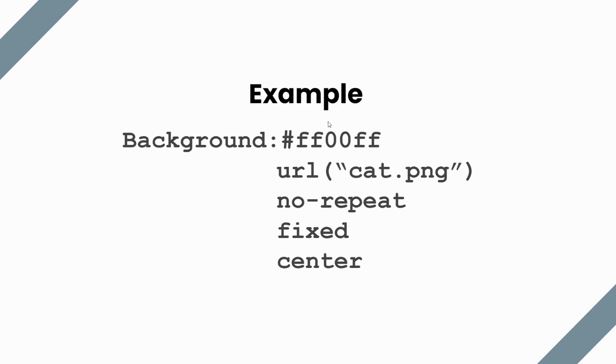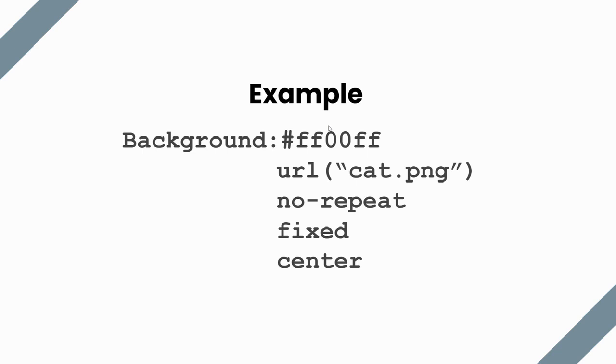Like I said before, the color comes first in this order, which is followed by the image, which is in the URL format with the name of the image and the extension name inside. Next, we have the repeat property. You can see that it's assigned the value no-repeat. This would mean that the image isn't going to repeat at all, like we all know.